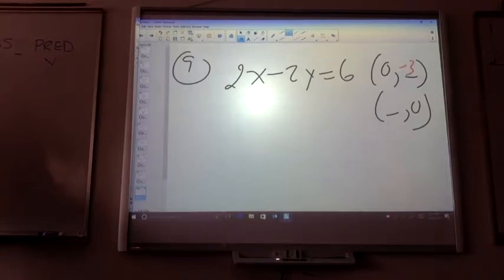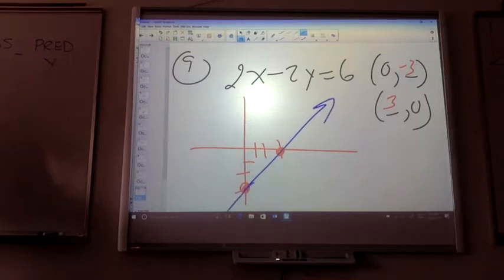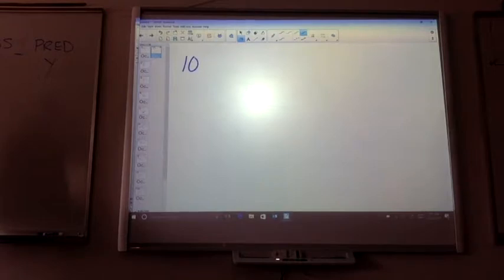So 2 times x equals 6. So 2 times what number gives me 6? 3. So 0, negative 3, and 3, 0. Done. 10. Cover method works well. 3 times x minus y equals 9.